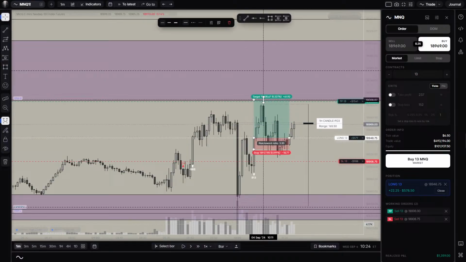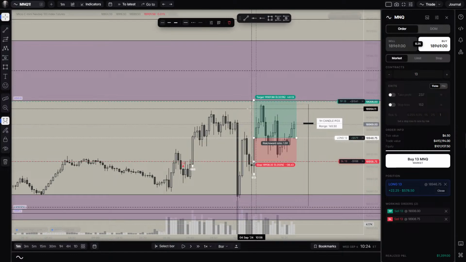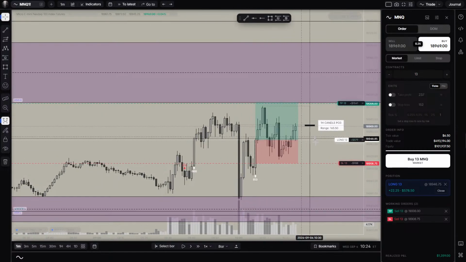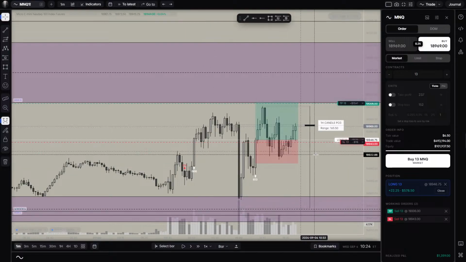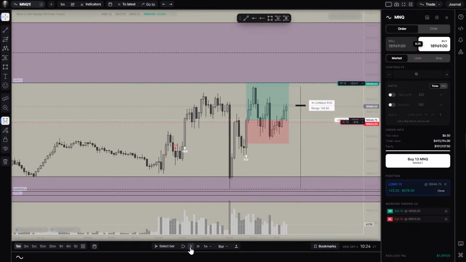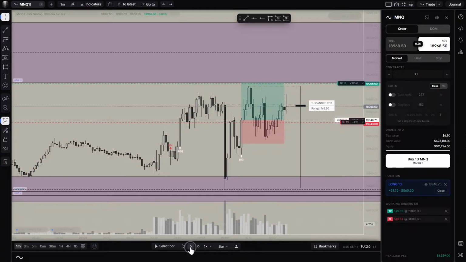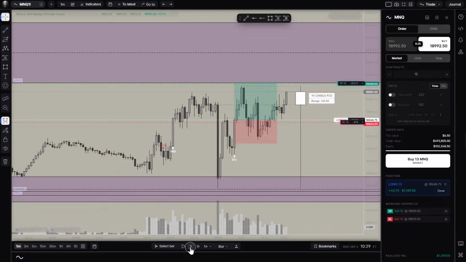Price taps into my take profit a bit away, it leaves, then it just does this. And I'm like, this will be a break even trade because I think price might hit me a SL and I don't want that to happen right now.